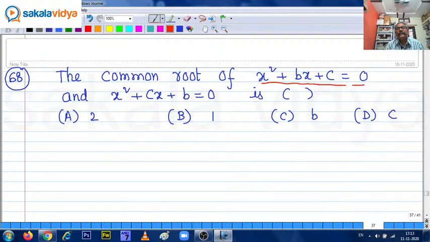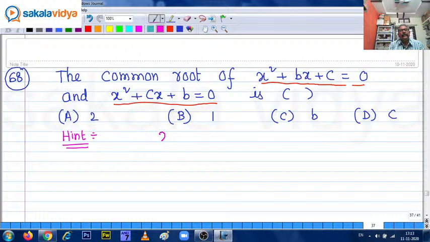X square plus bx plus c is equal to 0, x square plus cx plus b is equal to 0. What is the common root? See here, solution. Hint.